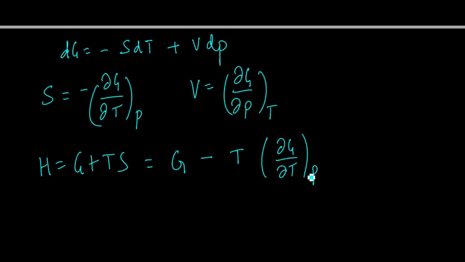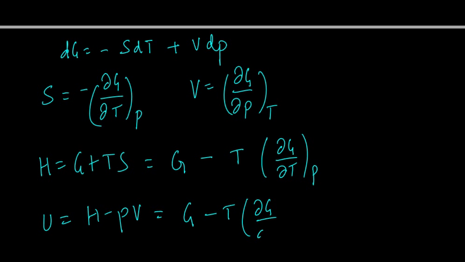I could write the internal energy: if I already know the enthalpy, then I can write the internal energy, right? H is equal to U plus PV, or U is equal to H minus PV, which is H, just given above, G minus T del G by del T at constant pressure, minus P times volume, which is del G by del P at constant temperature.